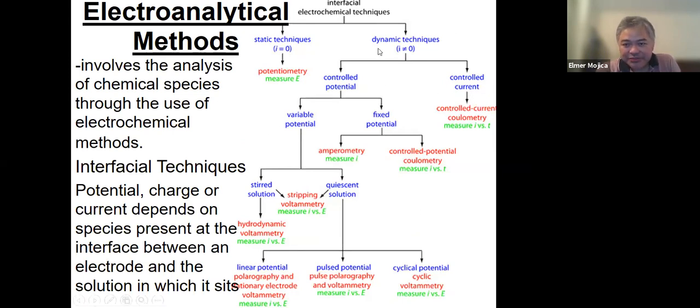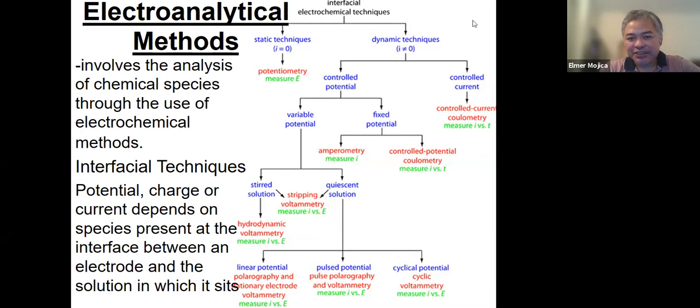These electrochemical methods involve the analysis of chemical species through the use of electrochemical techniques. With these interfacial techniques, the potential, the charge, or the current depends on the species present at the interface between an electrode and the solution in which it sits.